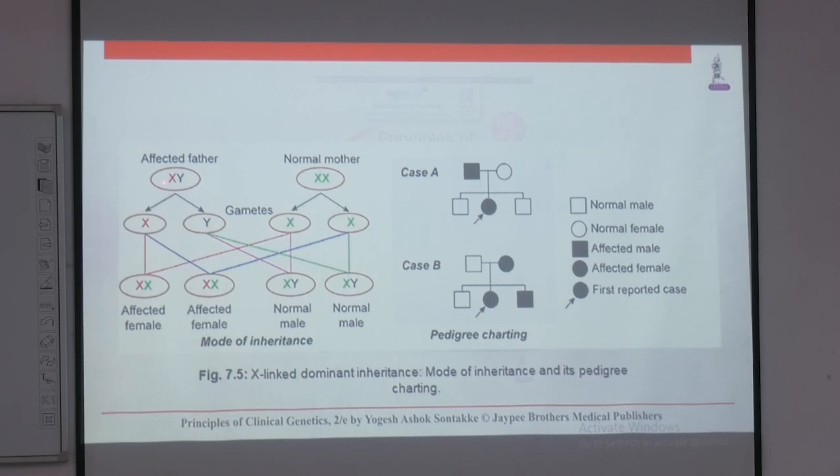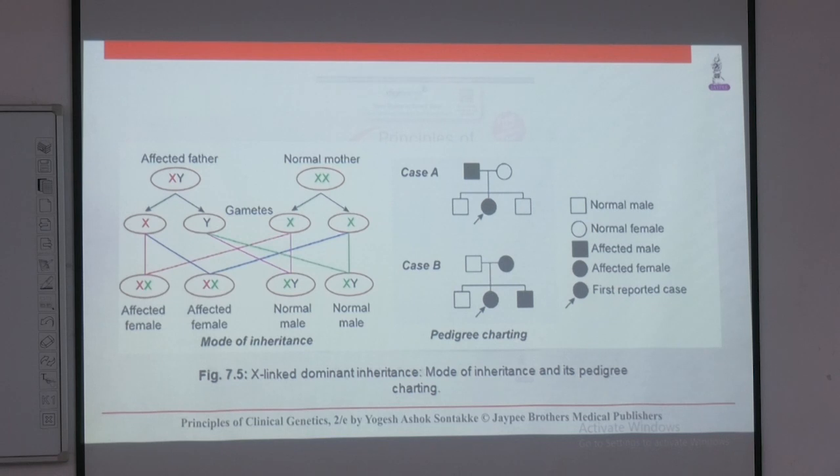Compare this with father to son inheritance: from the father we are not getting the X, the Y is coming, and the mother is healthy. So the X from the mother is the healthy X, and the Y from the father is a healthy Y. So the male child is going to be a normal male child, while all the female children are going to be diseased.